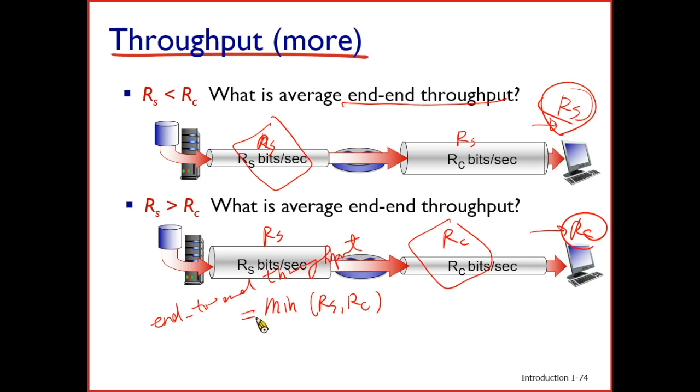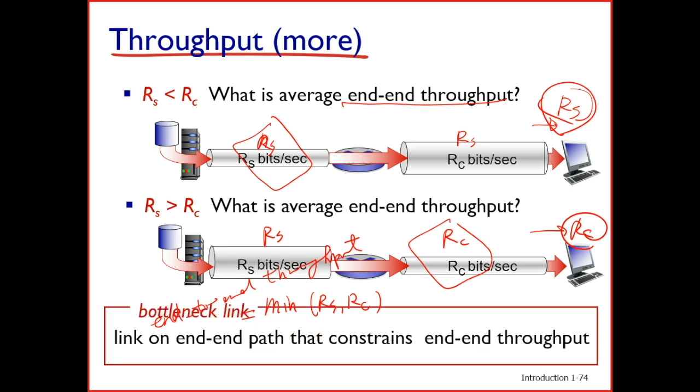All right, so the current operator uses minimum, and minimum allows you to get the answer. Okay, so this is the revision of throughput.